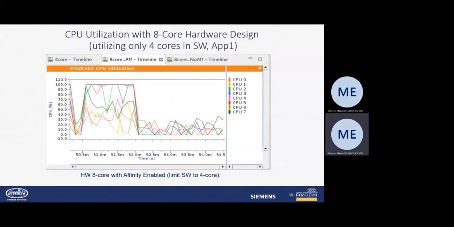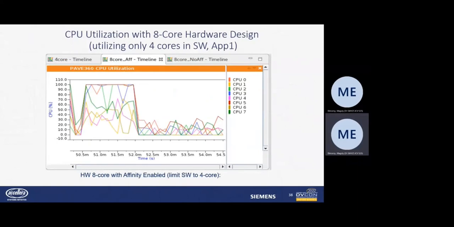In order to validate these results, we added a mechanism inside the application to only use 4 cores at a time, not exceeding 4 cores, which we call affinity. Then we use the 8 cores on the hardware configuration, but the application is not allowed to use more than 4 cores at a time. And we got this, again, interesting graph.